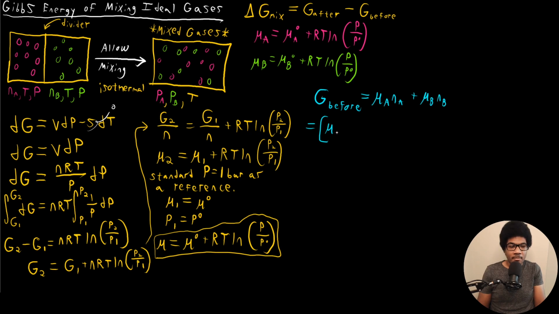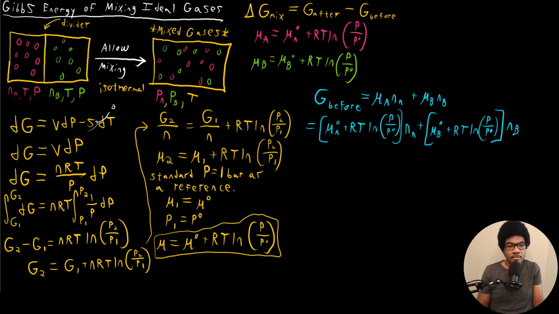Right, so we'll have mu A naught plus RT ln P over P naught, and that's multiplied by Na, plus our chemical potential for B, mu B naught plus RT ln P over P naught.